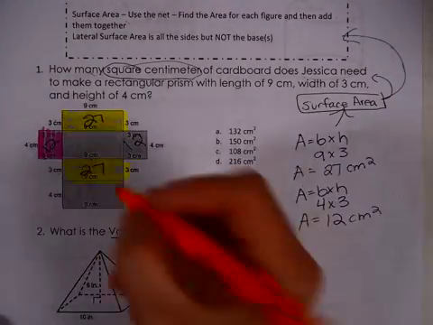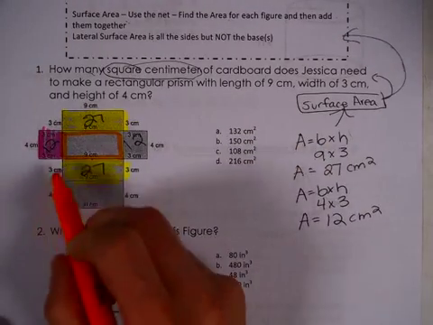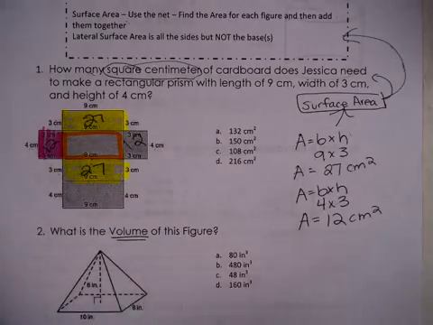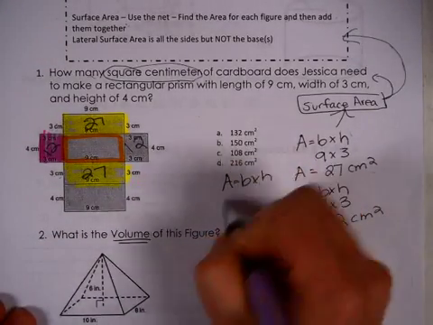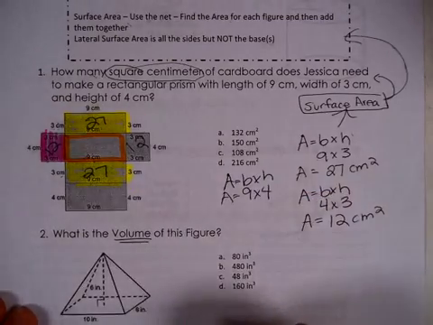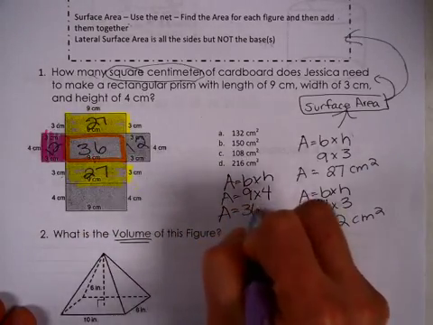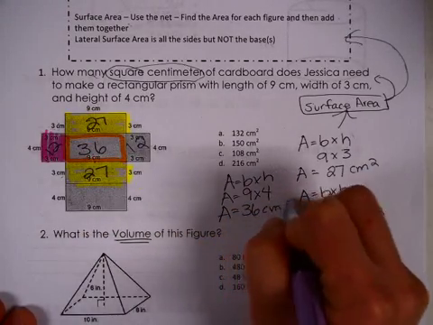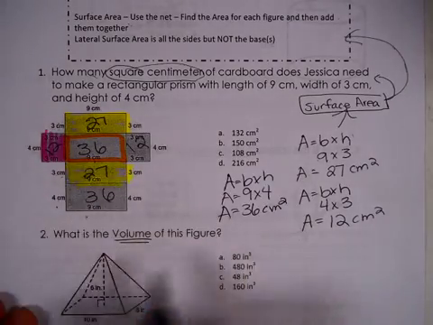Okay, then there's this big guy right here. It is a 9 by 4. It is still a rectangle, so I still have to do base times height. 9 times 4, which is 36 centimeters squared. And then this one is 36 because it is still a 9 times 4.